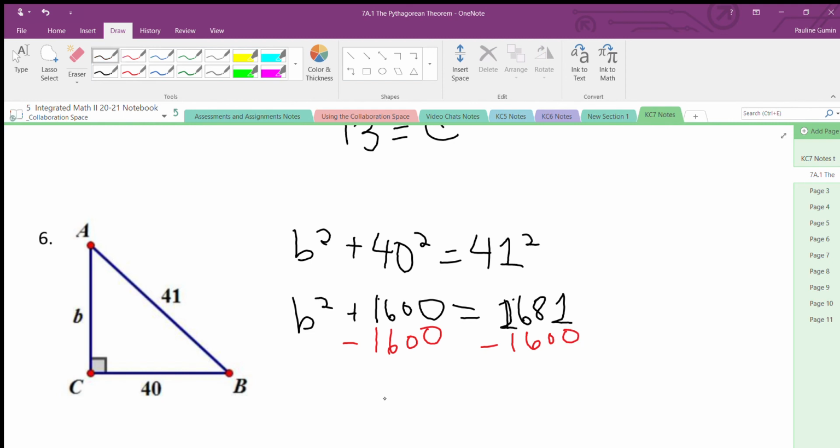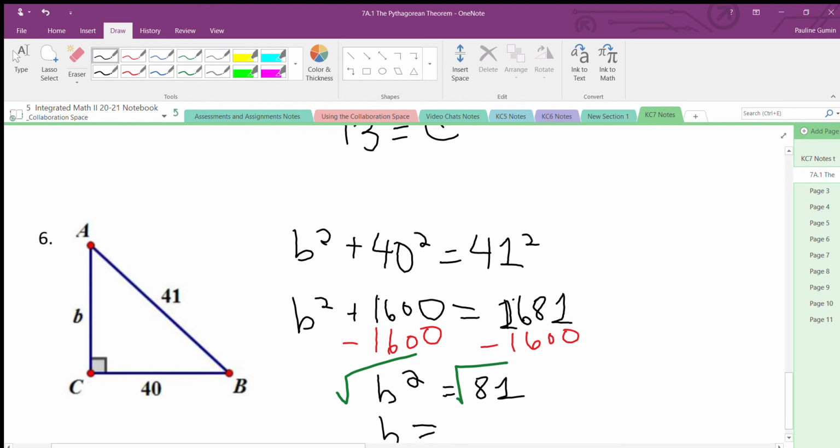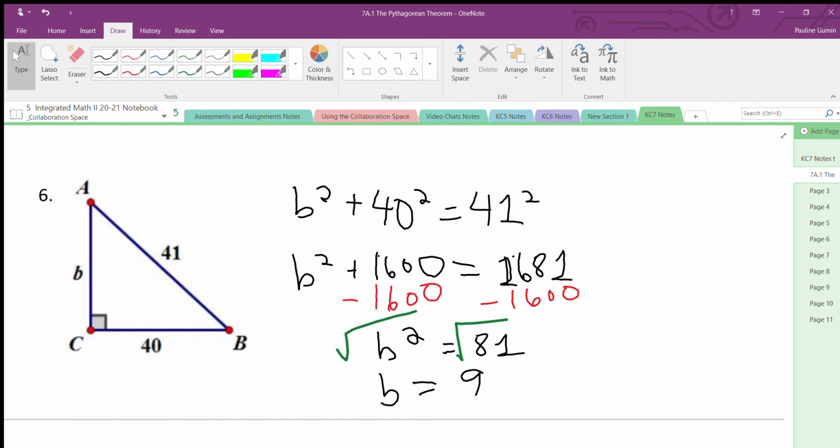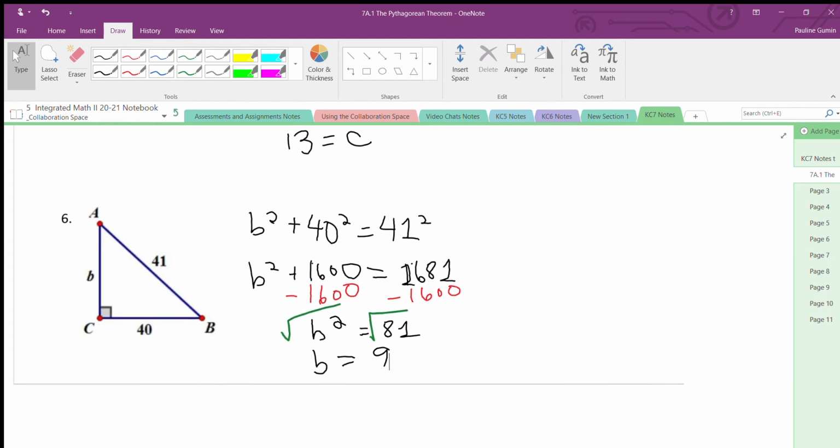Okay, so we have b squared equals 81. And let's square root both sides. B equals 9. Alright, so 9, 40, 41 is a Pythagorean triple. I don't see this one as often. I see the 7, 24, 25 one more often, but this is a perfect one that does show up.